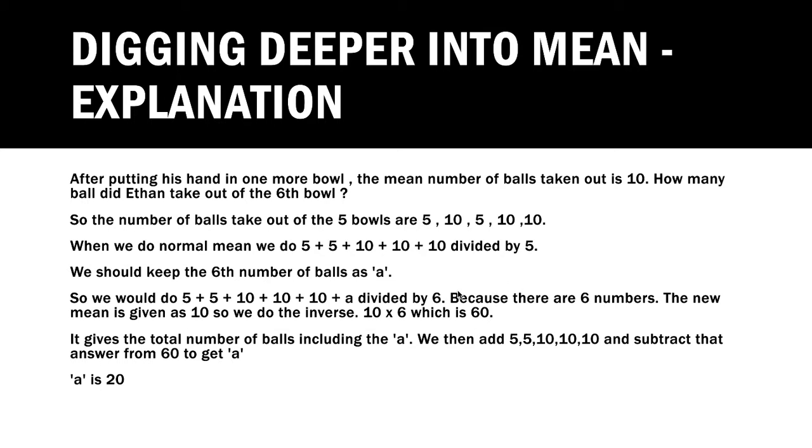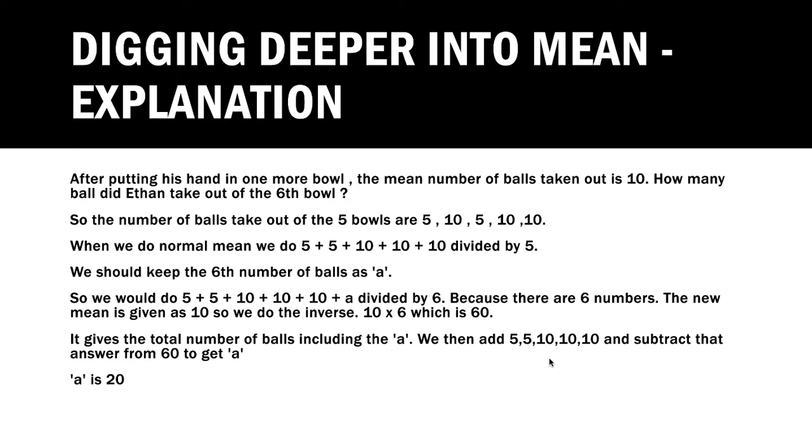So we do the inverse, 10 times 6, and that gives us the total number of balls, which is 60. So it gives the total number of balls including the A. Then we do the normal way to find A, or any other question like this.